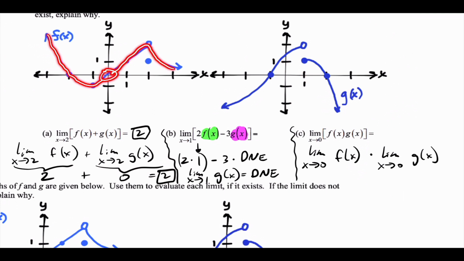They meet when y is 0. For g, as x approaches 0, we look like we're right about there. Yep, it looks like they meet right about there, kind of looks like 1.5. We'll just say 1.5. It doesn't really matter in the end because we're multiplying times 0, so 0.